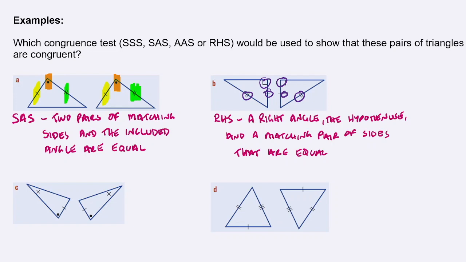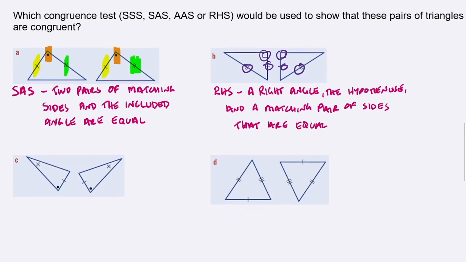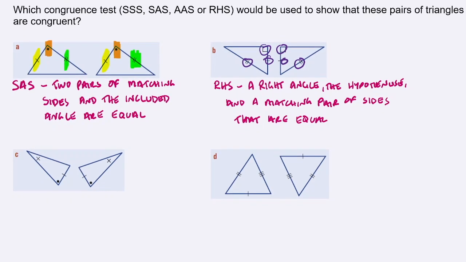Our third one there, well, we've got two angles and a side. When we've got two angles and a side, we're going to use the AAS, because we have two angles and a pair of matching sides.